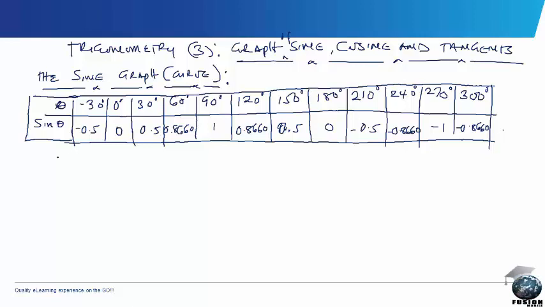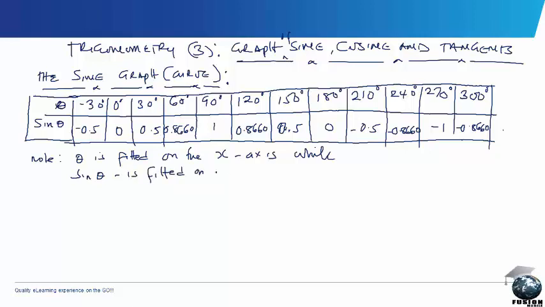All you have to do now is plot the graph, since we have the values of theta and the corresponding values of sine theta. Theta is plotted on the x-axis, while sine theta is plotted on the y-axis.